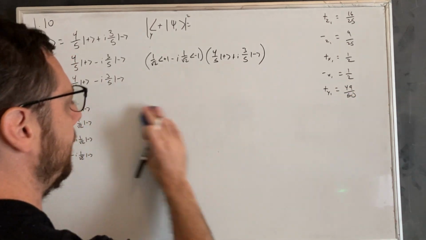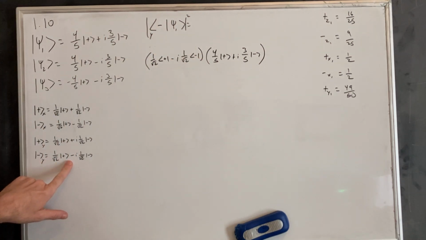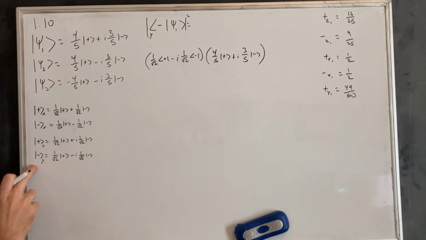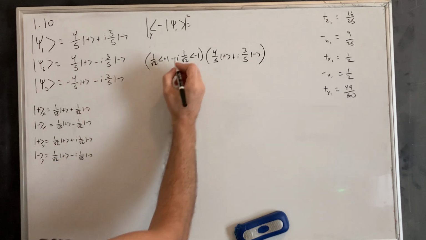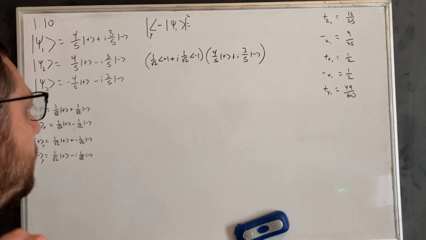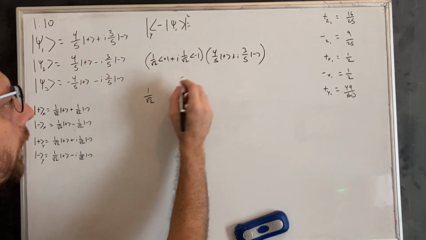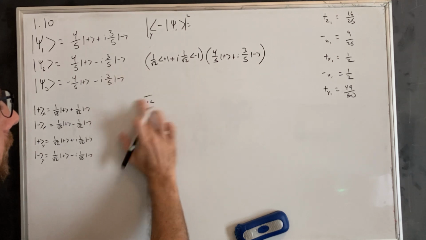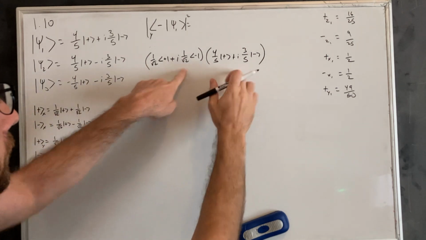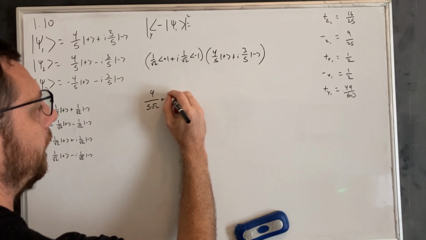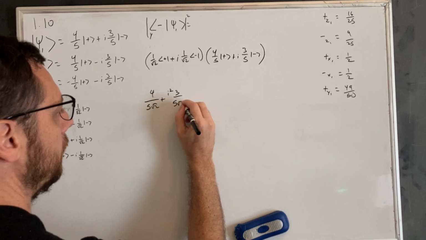And lastly, we'll do minus in y. I think the only change we're going to have is flip the sign. So for the down direction for the y, it's going to be minus i, but we're taking the bra state, so we complex conjugate that, and it's going to be plus i. So do this again. 1 over root 2. Nope, that's not right. 4 over 5 root 2. And then our last term is going to be plus i squared 3 over 5 root 2.